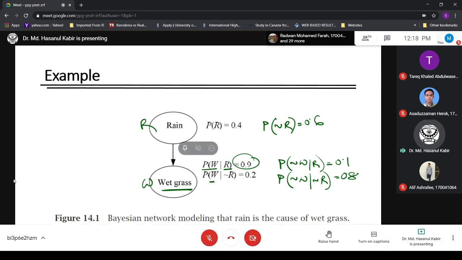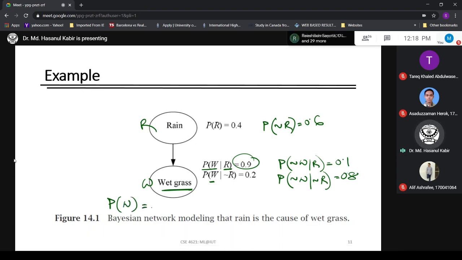Okay, so if I simply want to find the probability of the grass being wet, only this term, how can you find it?